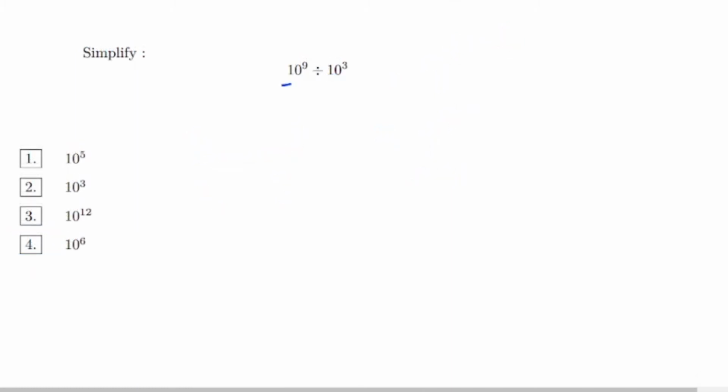Simplify 10 raised to the power 9 divided by 10 raised to the power 3. Well, these are two powers of the same base, the base of 10. So we'll write the base here, and then we'll do 9 minus 3 because we're dividing two powers of the same base. So we just subtract the exponents. And so this is 10, and 9 minus 3 is just 6.